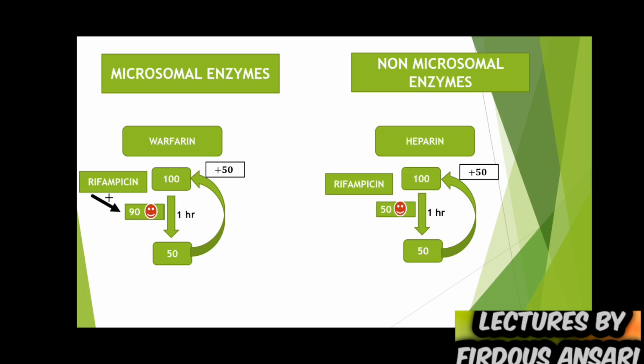And how much will be left? Yes, just 10 molecules. Previously after every 1 hour the person was consuming 50 molecules of warfarin, and here also he consumed 50 molecules, but now the amount left will be just 60, because 40 extra molecules were being metabolized by the 40 extra enzymes because of the enzyme induction done by rifampicin.